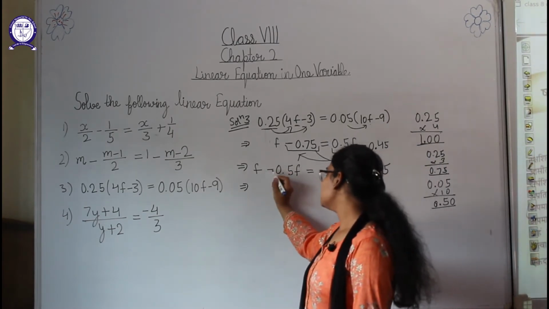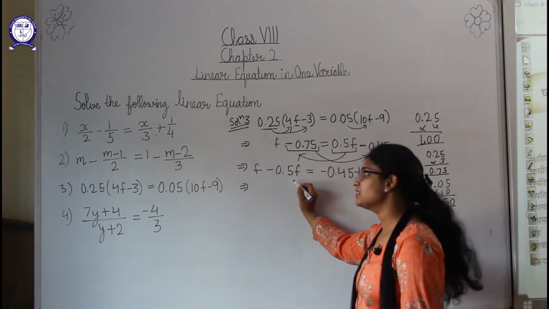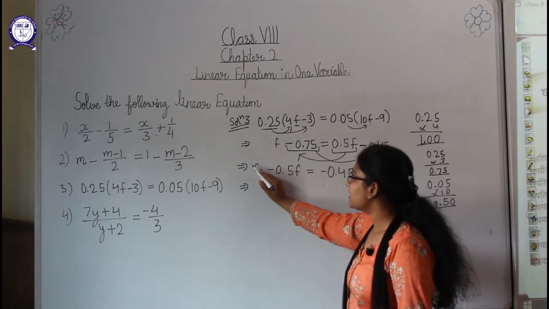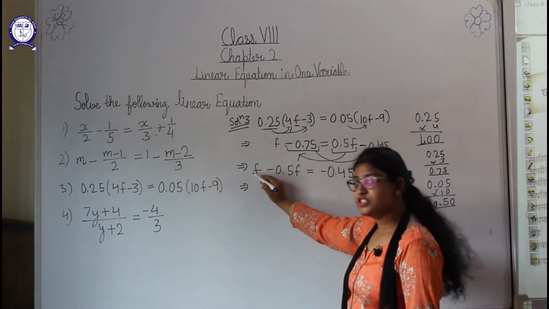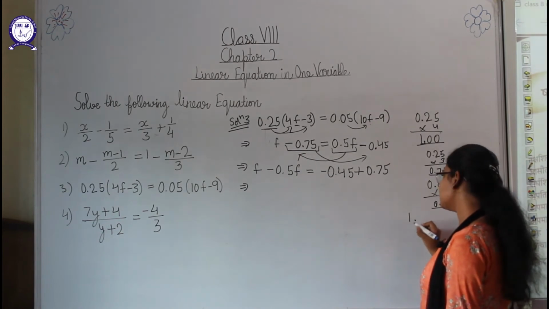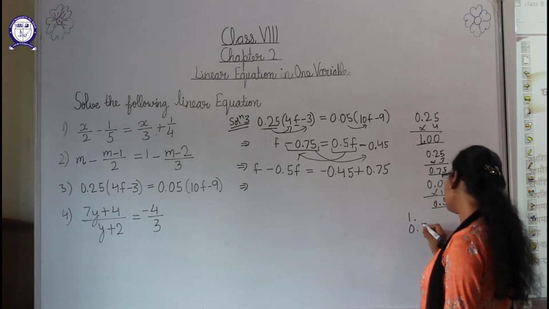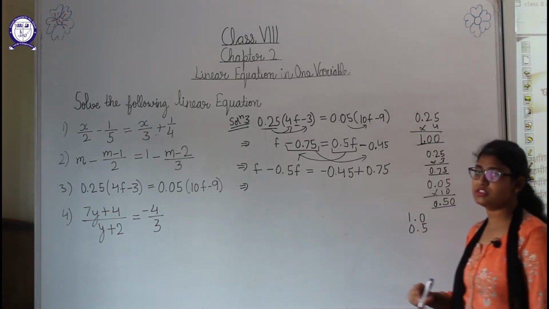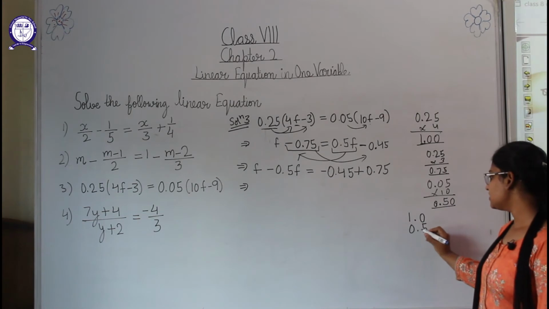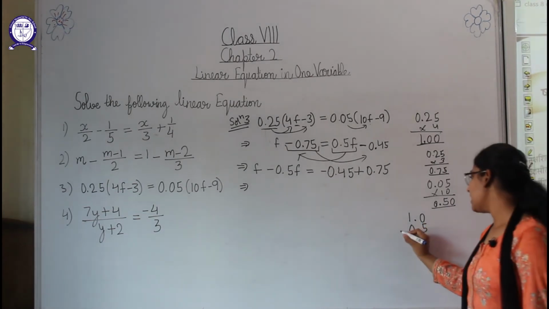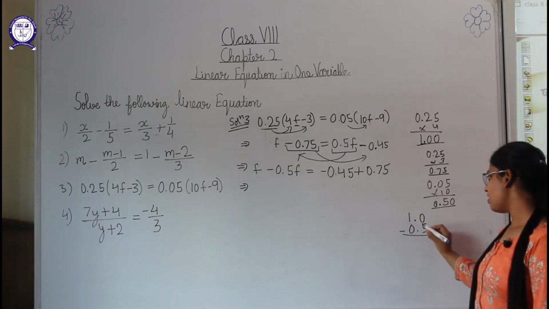Now f minus 0.5f, what will be the answer, students? When you will subtract here, f means the coefficient is 1, so you can do like this. Here 1 is the only answer and here is 0.5, so we can write 1 as 1.0 to solve this. As here it is 0.5, point and point will be in the same line and we have to subtract it. So how we will get the answer?